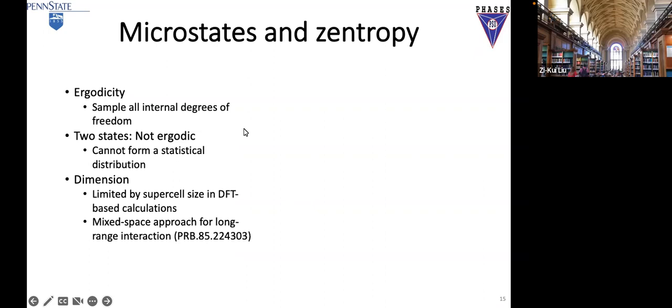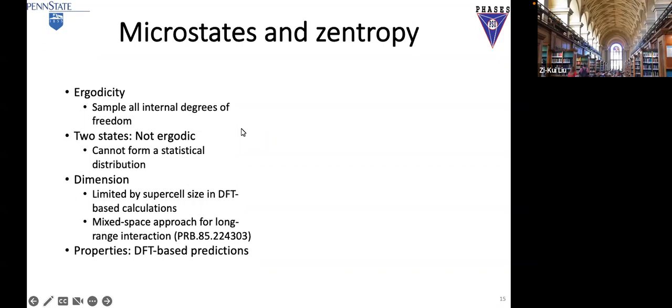And dimension too, how big are the microstates? That's actually a very different question, because we are based on DFT, so it's limited by supercell size and the computing power we have. But if you do have long range interaction, you can actually solve it by a mixed space approach, which we developed a few years ago. All right, so now you calculate all the properties for each microstate by DFT, which we know how to do.